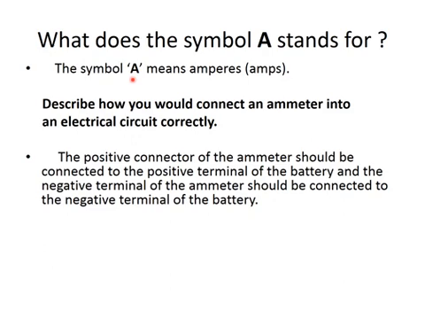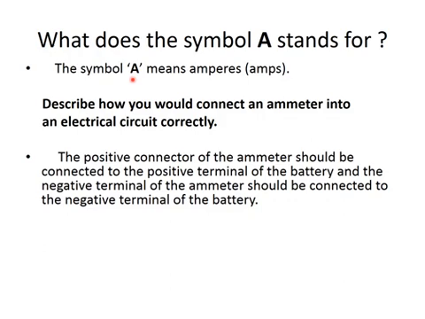Instead of writing ampere, that is a big word, we can just simply write this alphabet capital A, which means ampere. So instead of writing ampere, you can just write capital A.